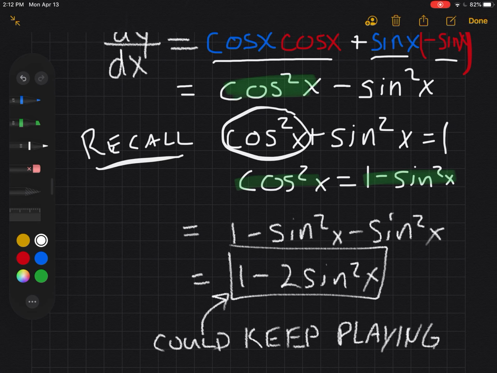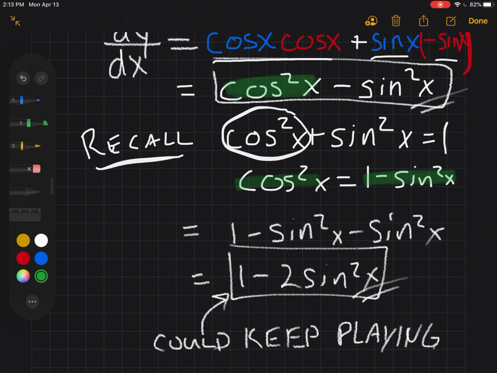Yeah, I could keep playing with trig identities if I wanted to, but I don't see that it would take us anywhere special. So we're going to leave this as is. I would also accept this answer that we got above.